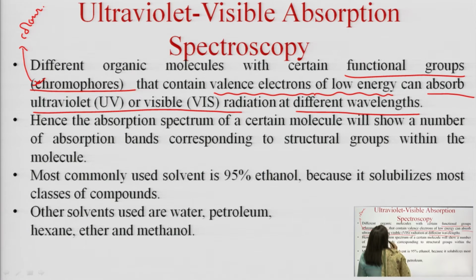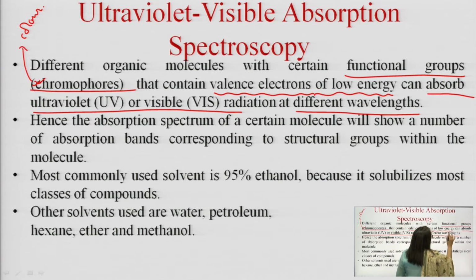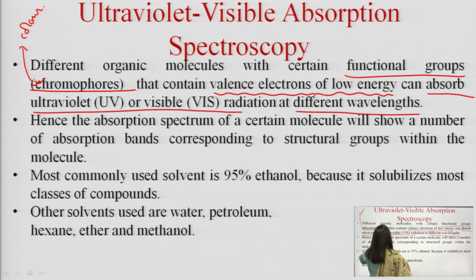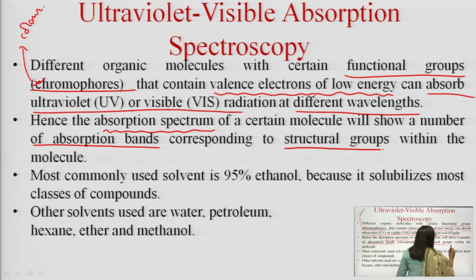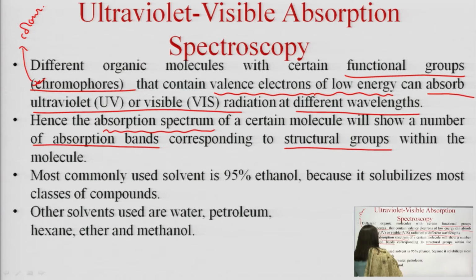These chromophores can give color because of various valence electrons which are capable of low energy and can absorb either visible range or UV radiation at different wavelengths. Hence, the absorption spectra of certain molecules will show a number of absorption bands corresponding to their structural groups within the molecule.